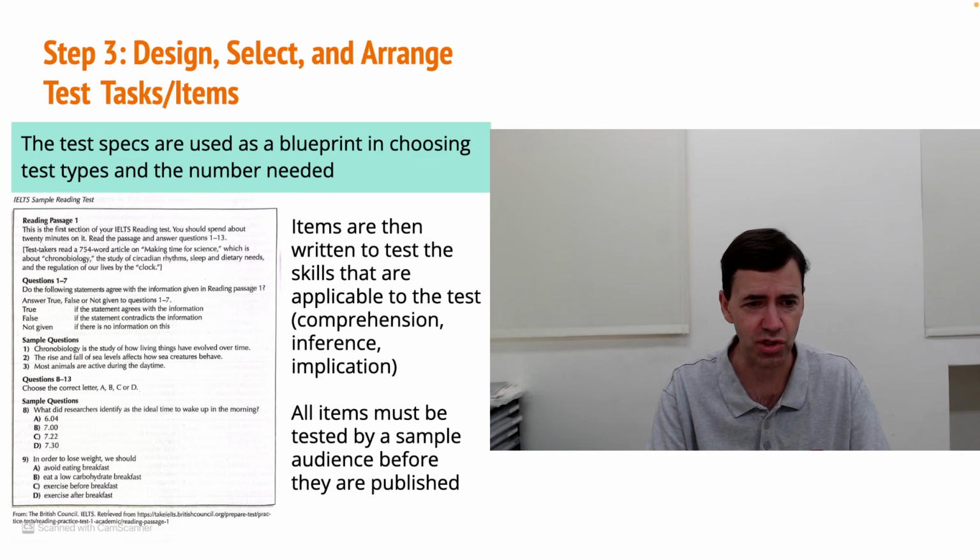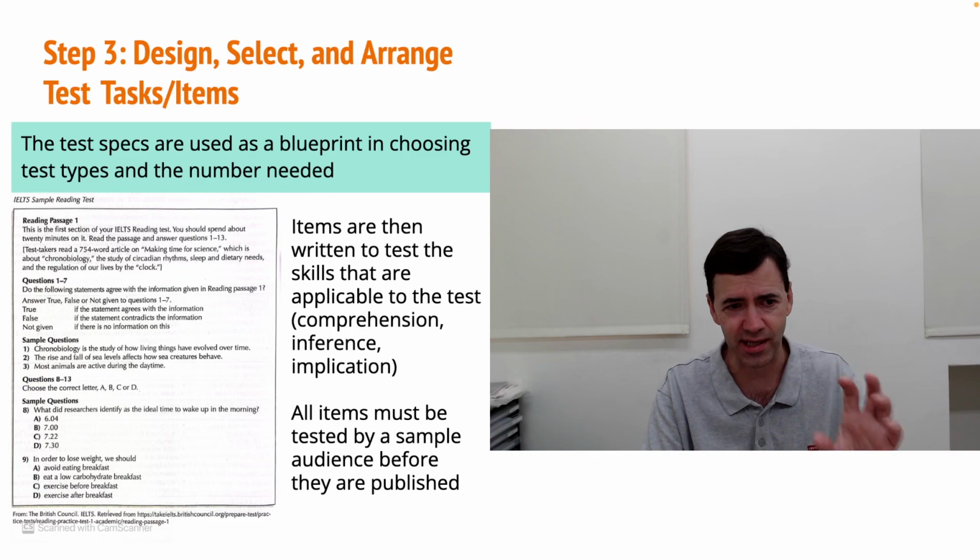And then questions 1 to 7 are true, false, okay, and then they give a couple sample questions there, and then 8 to 13 are multiple choice, and they have a couple sample questions, okay. So this is what test specifications will look like.